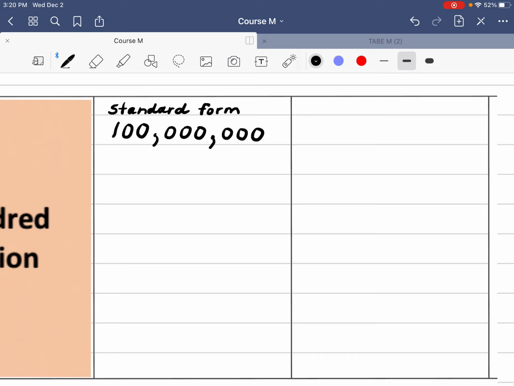If you want to write in other forms, I'm going to show you those as well, but let's put standard form first. And let's go ahead and say that 100 million is the 9th place to the left of a decimal.